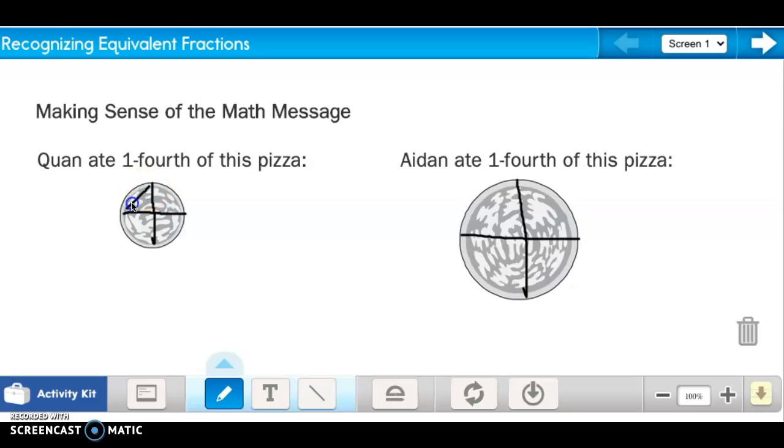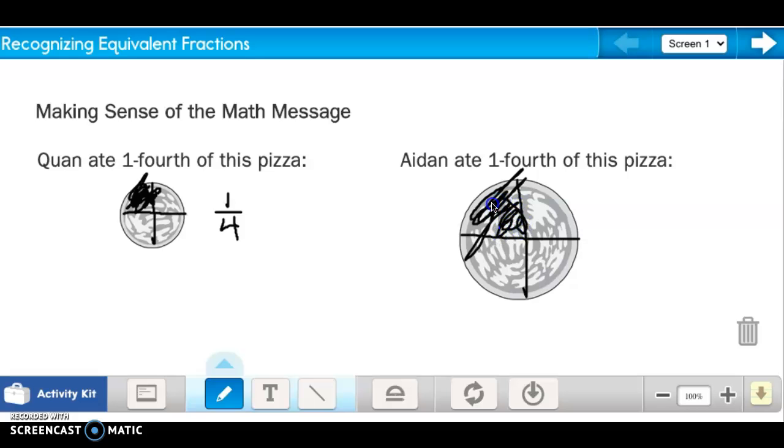And then I'm going to shade in carefully this one part. And so I just shaded in 1/4 of this pizza. And then I'm going to come and shade, color, right here, this part of the pizza. Whoops, didn't mean to go past there.